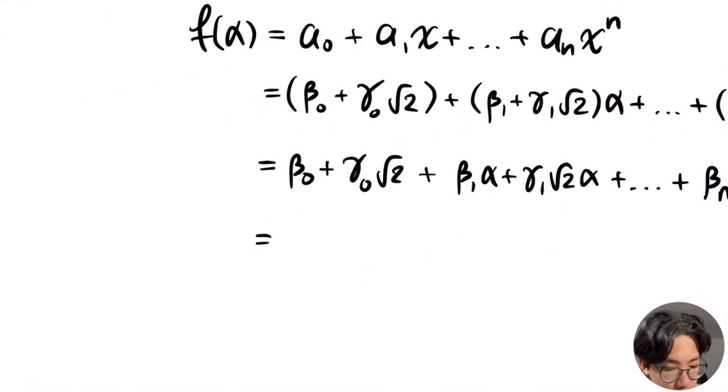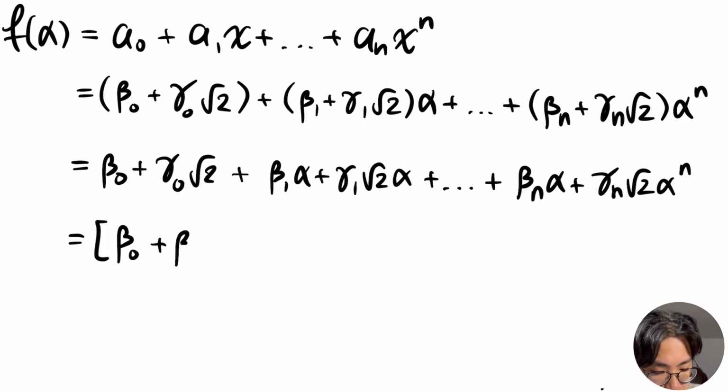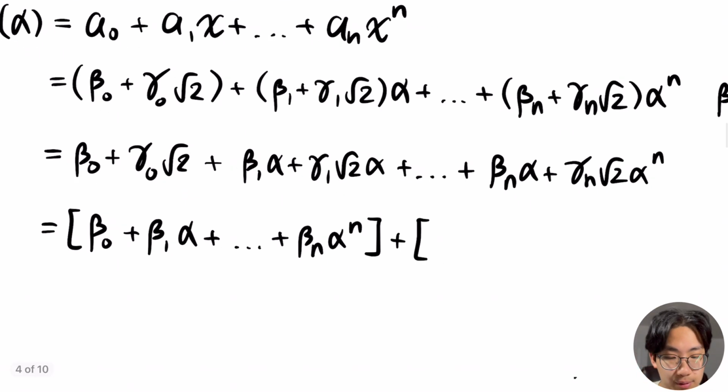And then finally we can group these together by betas and gammas. So we have beta 0 plus beta 1 alpha all the way up to beta n alpha to the n. And now if we focus on the gammas, we can do something very similar.